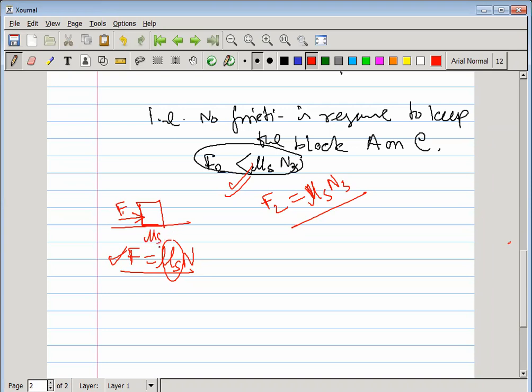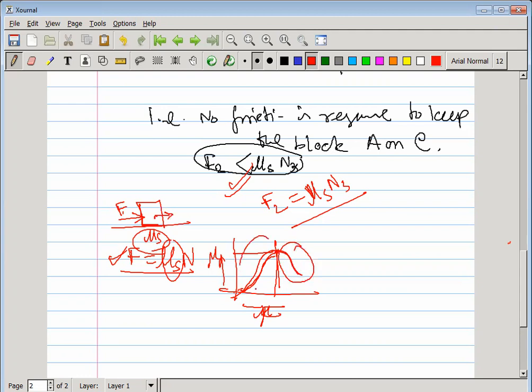As already told in the graph, up to a certain portion, this is the mu s, and when the body tries to move forward, the coefficient of friction decreases. That part is called dynamic friction, and this part is called static friction. This was already discussed in the previous lecture.